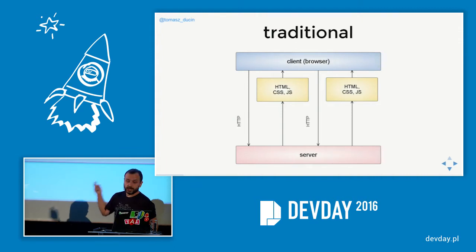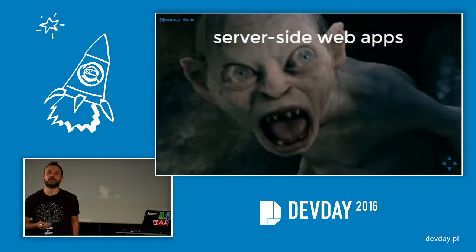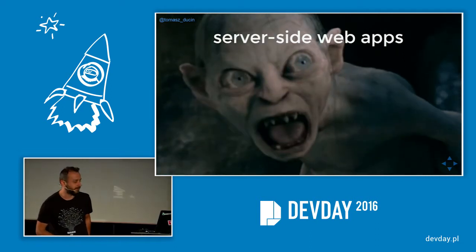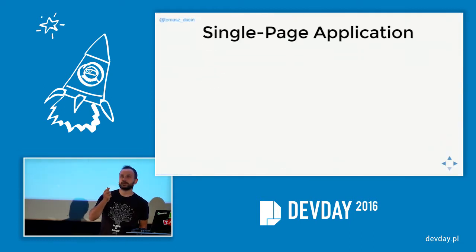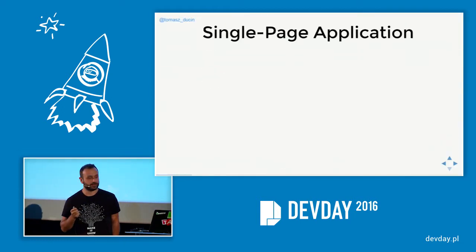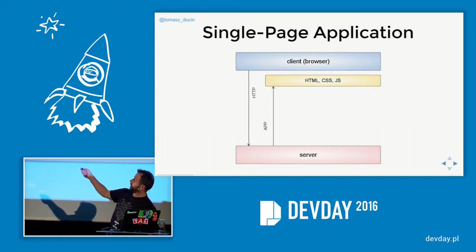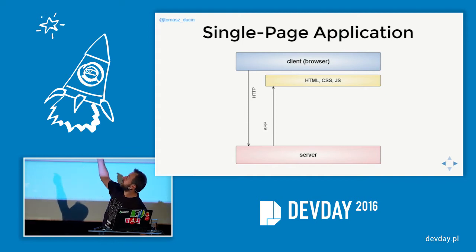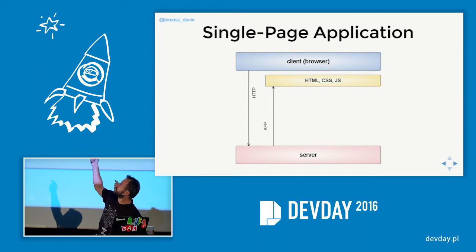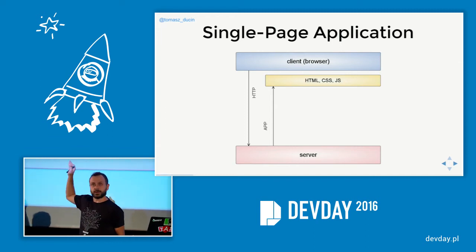So these are the problems with this approach, and basically server-side web applications are something we don't necessarily want to do anymore, right? And for these reasons, some people came up with the idea of single-page applications. It starts the same way, basically. We just shoot a request to load the application, and the difference is that what we have loaded, the HTML, CSS, JS, of course this is a simplification, stays in the browser, right?